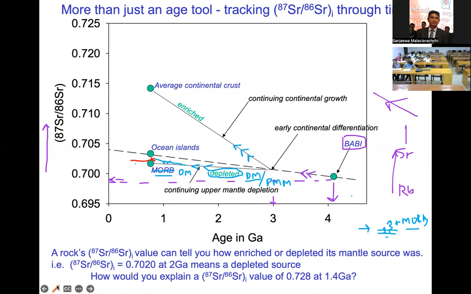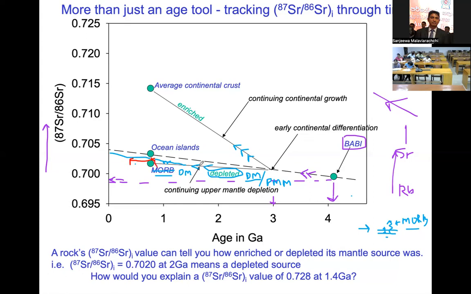Okay, it won't cut the ocean island line. That means it will evolve something like this, lower than that composition. Okay, this is the MORB composition, actual MORB composition, if you want to draw it precisely, right? So that is the MORB, right?